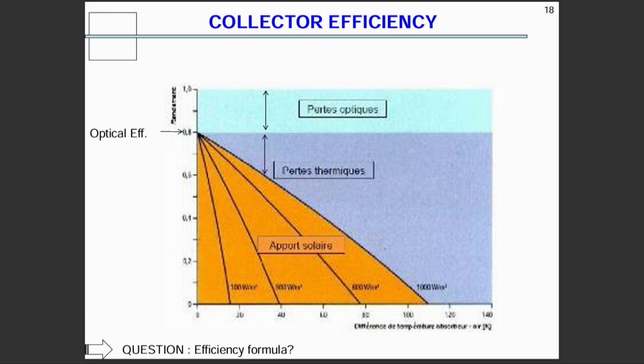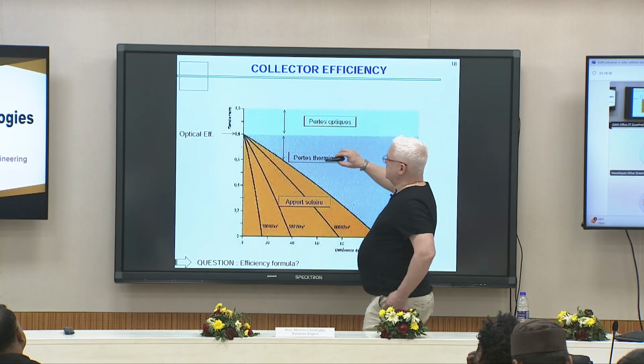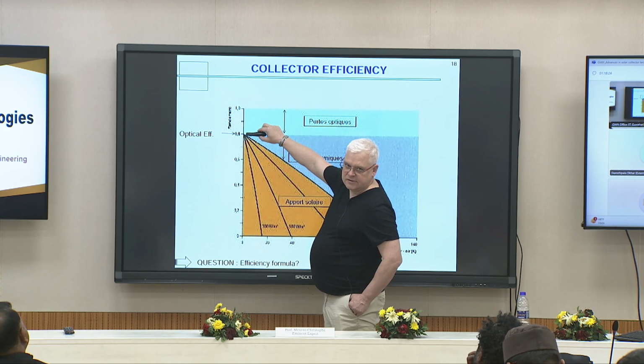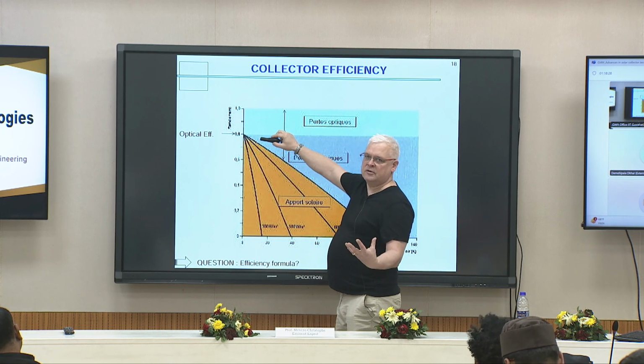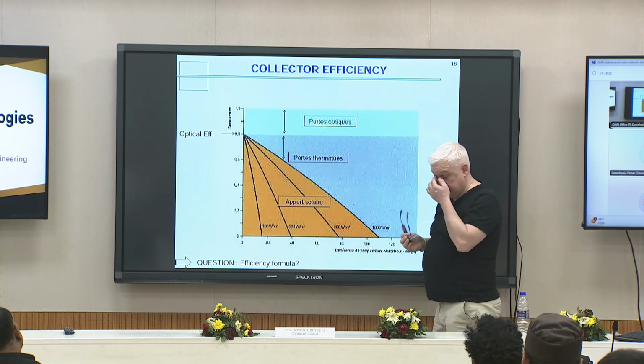This is the difference of temperature between the solar collector and the ambient temperature, and this is the efficiency. This particular point is called the optical efficiency. It's the optical quality of your solar collector. The higher it is, the better it is.